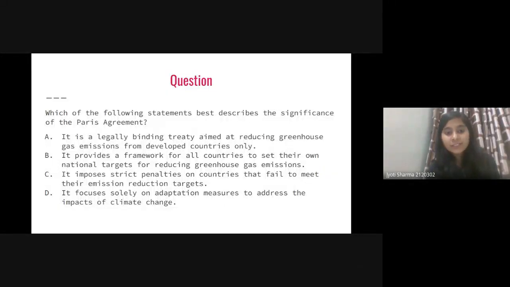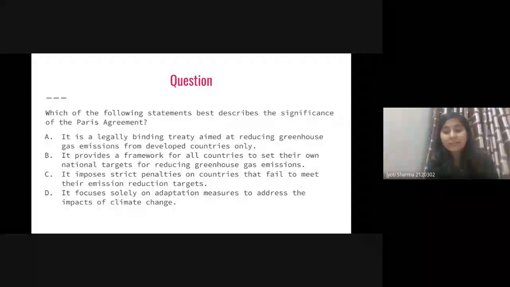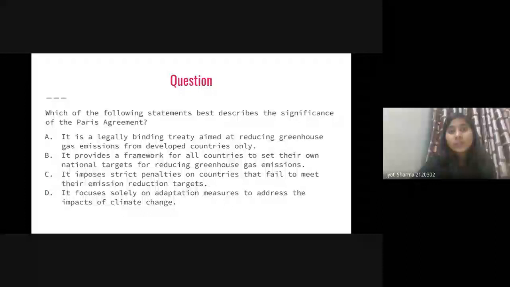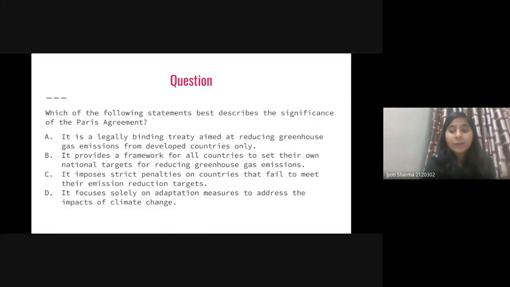Which of the following statements best describes the significance of the Paris Agreement? I told you that the Kyoto Protocol was legally binding for the developed countries to reduce greenhouse gases, right? But because it was not good, developed countries didn't follow.